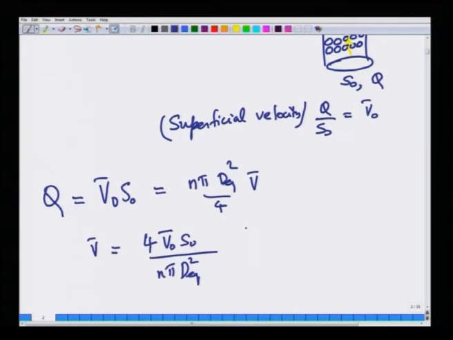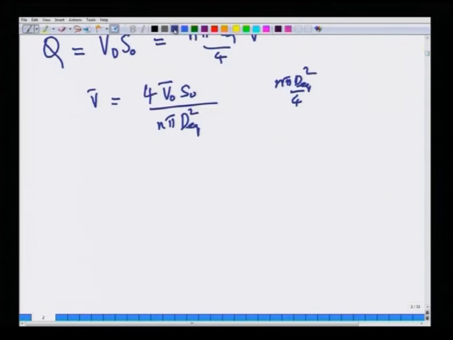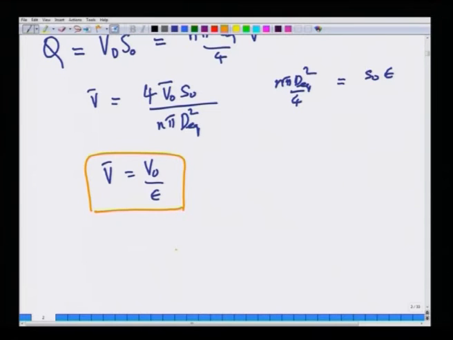But we also know n pi d equivalent squared by 4 from the earlier expression. So, n pi d equivalent squared by 4 is S naught L epsilon divided by L, that is S naught epsilon. So, I will get V is V naught by epsilon as I claimed. So, the actual velocity is the superficial velocity divided by the porosity.